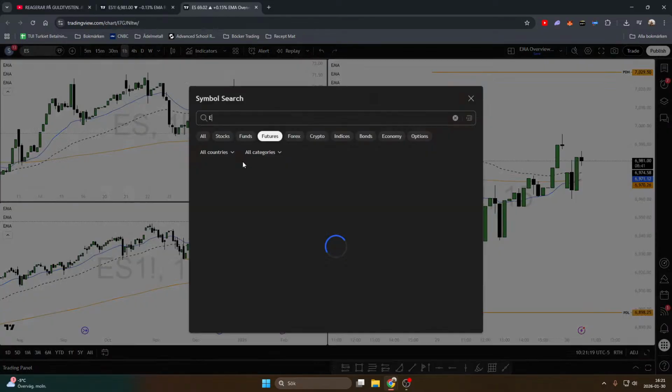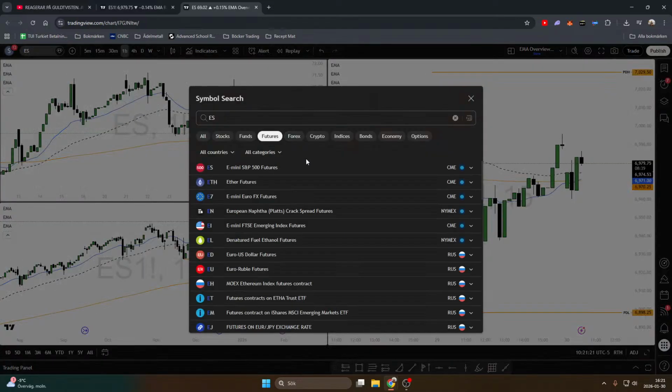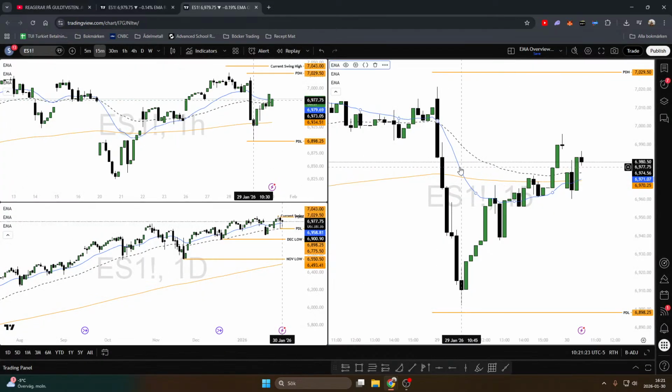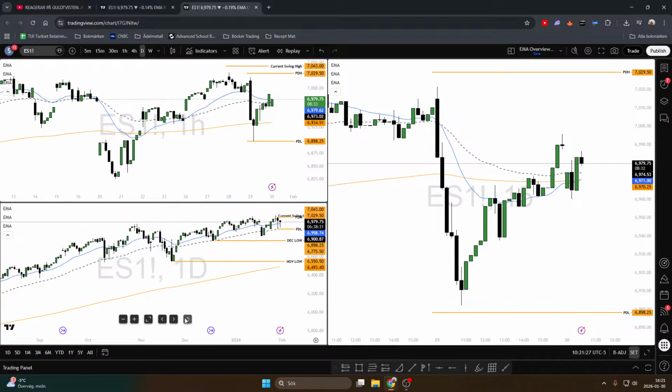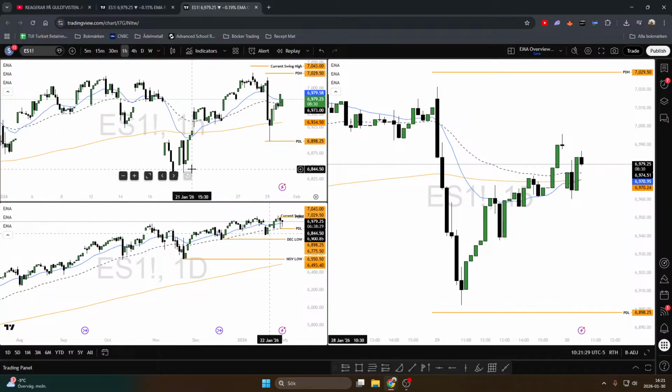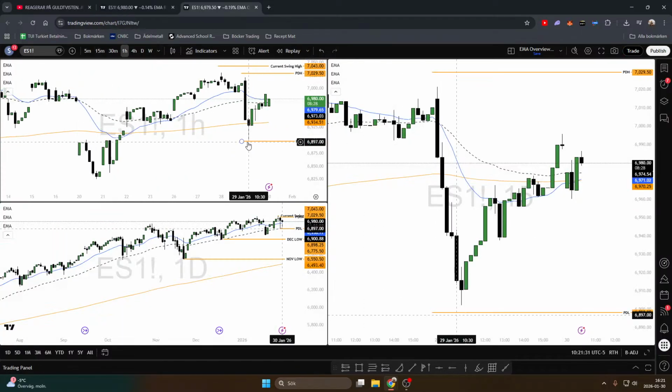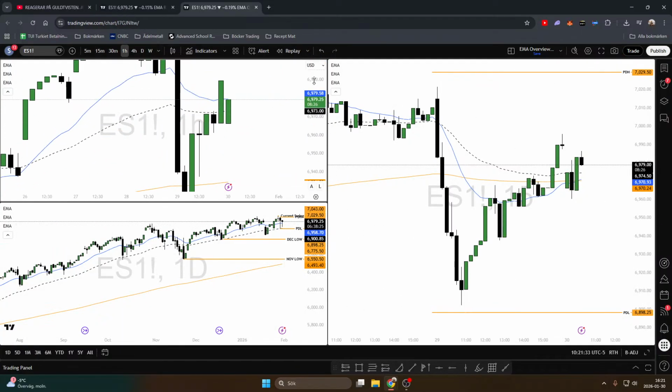15 here, 1 hour here, 1 day here. Wrong with these bars.